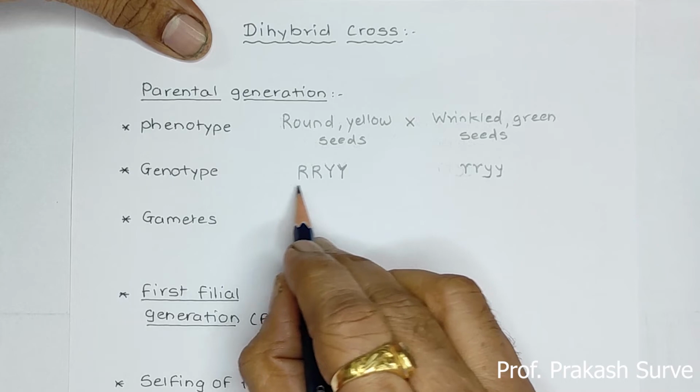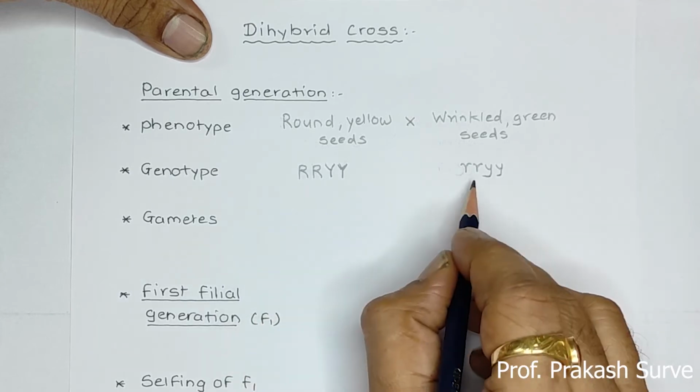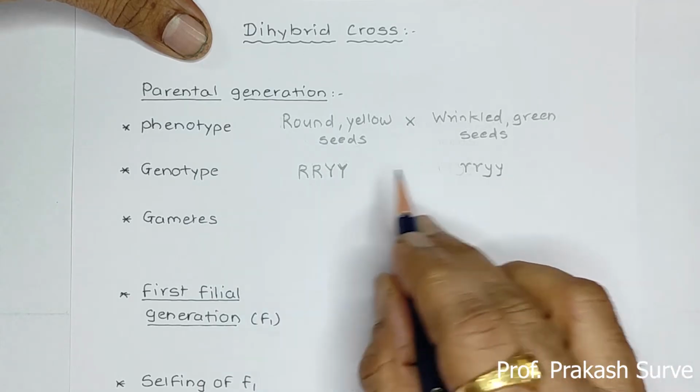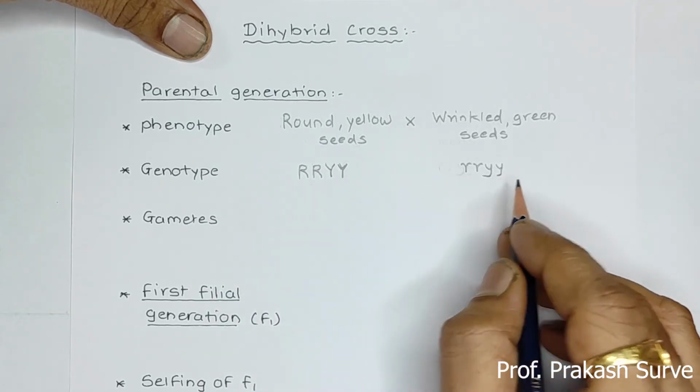Always remember, these are capital letters and of course here will be small letters. While writing capital Y and small y, remember not to get confused between them.